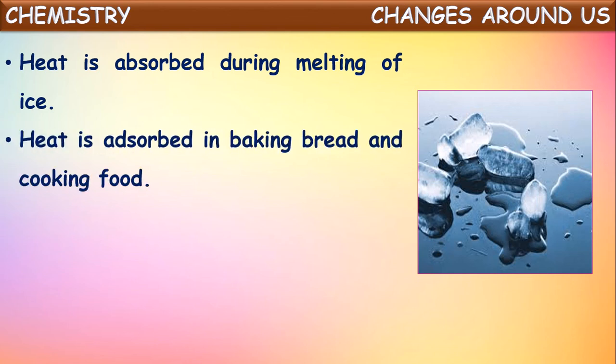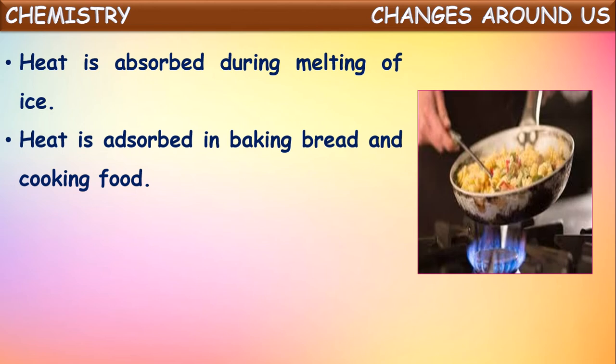One more, heat is absorbed in baking bread and cooking food. For baking of bread and for cooking of food items, we need to heat them. By absorbing heat energy, these changes occur. So they come under endothermic changes.